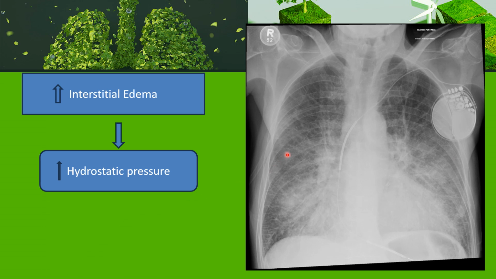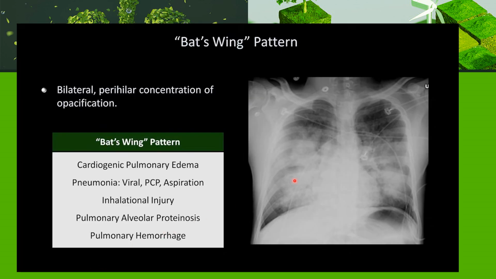Like this one, with increased interstitial edema and hydrostatic pressure, fluid reaches the alveoli, and that will be seen as fluffy opacities. They are bilateral fluffy opacities, perihilar and in the lower zones. They are smooth like a cotton ball, not discrete.